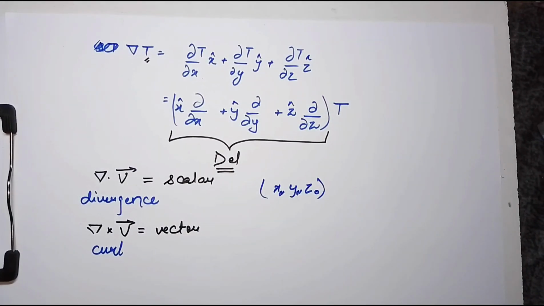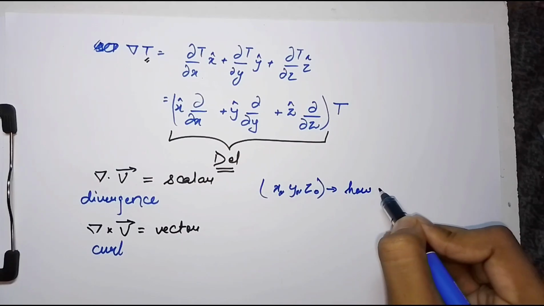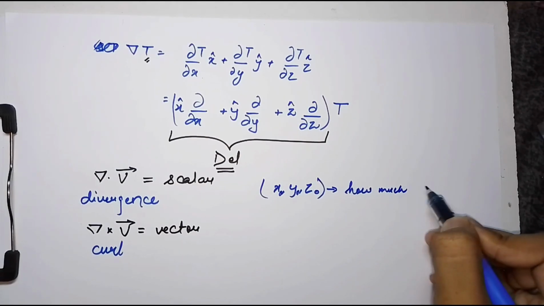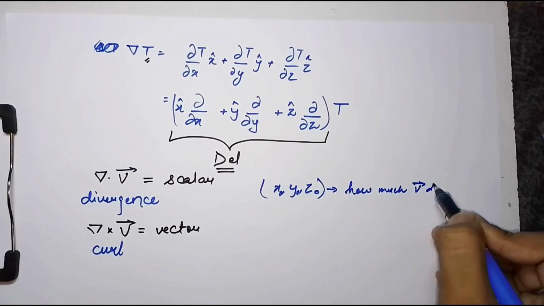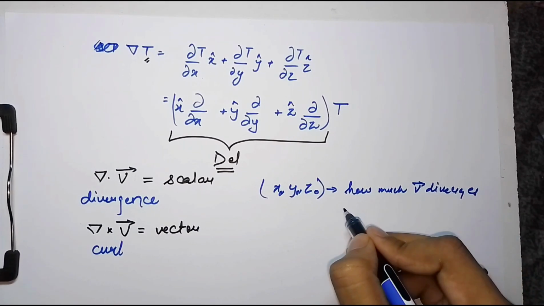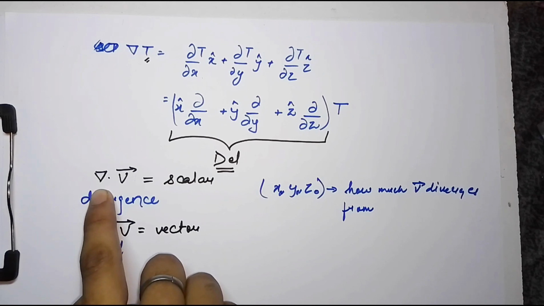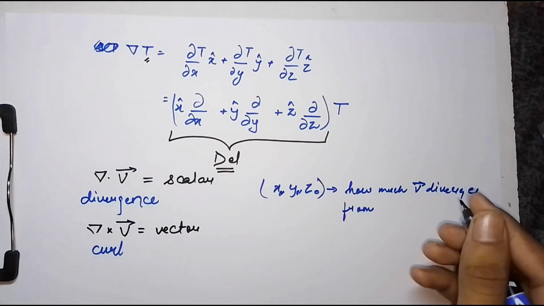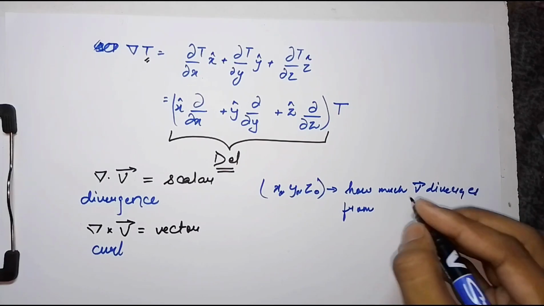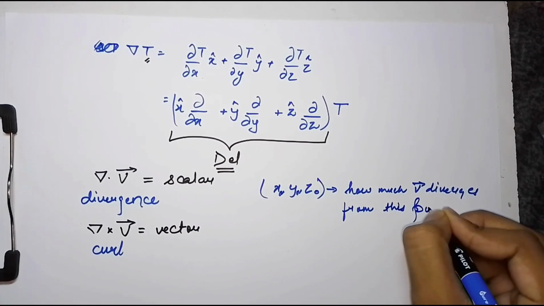Then how much vector v diverges from this point will be given by the dot product of the del operator and the v vector. I hope it's clear now.